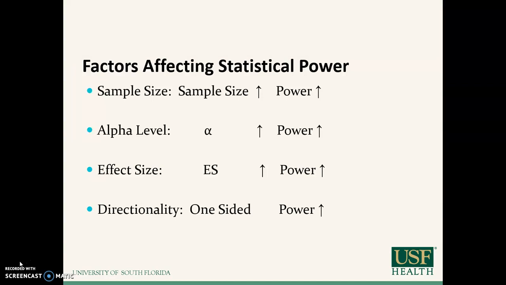When the alpha level goes up, the power goes up. When the effect size goes up, the power goes up. And if you do a one-sided test versus a two-sided test, the power goes up. The relationship between all these multiple factors can be really complicated and can be informative.